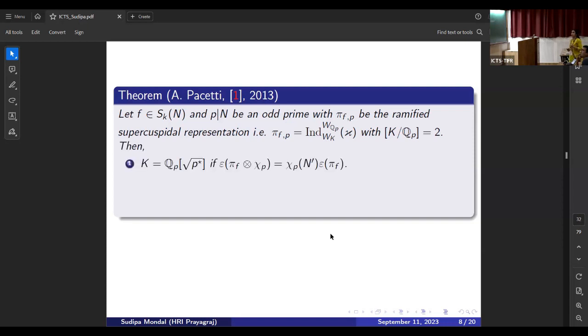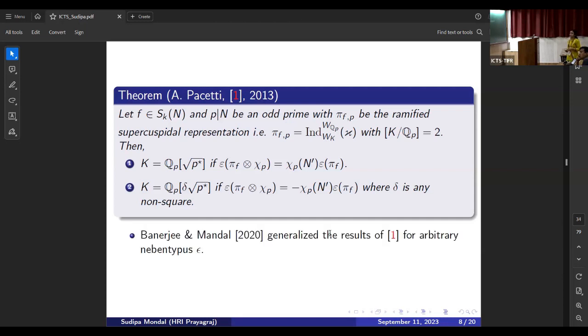Then the quadratic extension will be of the form Qp(root p star) if the ratio of the global epsilon factor equals chi p prime, and if the ratio of the global epsilon factor is negative of chi p prime, then it will be the other one. So delta is some non-square of Qp. Now, these results were generalized for arbitrary Nebentypus by Mondal and Banerjee in 2020.